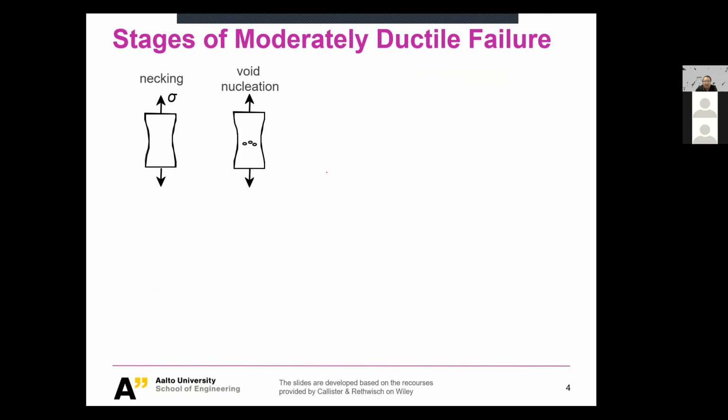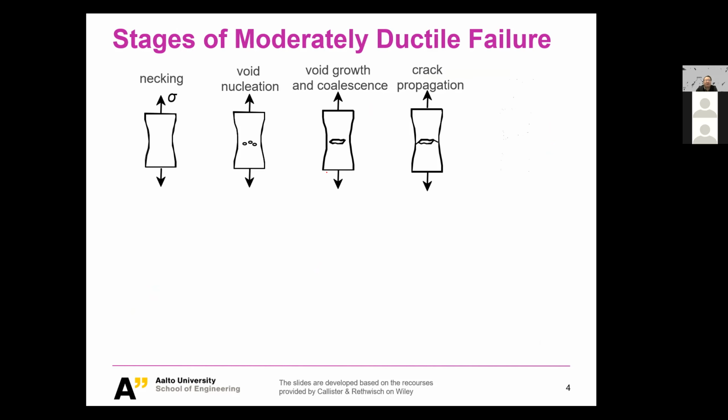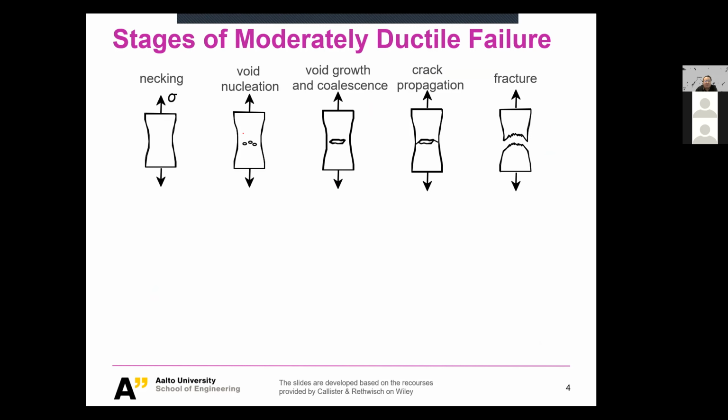Usually it starts after necking, with so-called void nucleation, and then these voids will grow to a large scale, and when they grow to a certain level, they will touch each other, and finally this big void will generate some crack propagation, and then it's fracture.